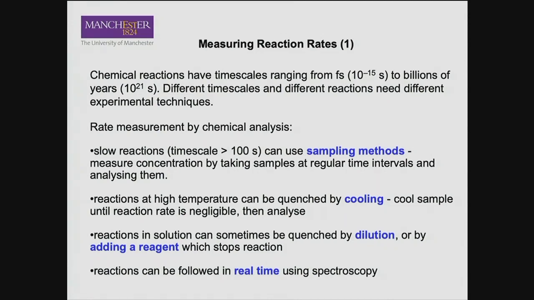If your reactions occur at a certain temperature, you can cool it right down: you can put it in ice, in a freezer, or in liquid nitrogen, depending upon the temperature drop you want. Or you can dilute it if the reaction is dependent upon molecules coming together. Or you could add an agent, such as acid or water, that would just stop the reaction completely.